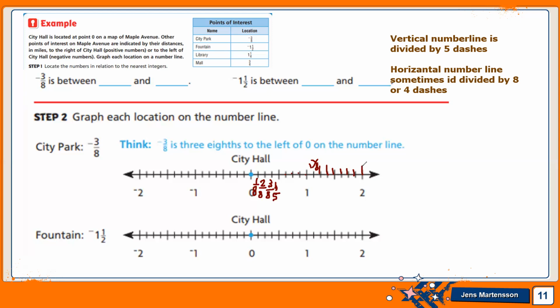This is for the horizontal number line. As you see here, it's divided by 8 dashes, so you will count by 1 over 8. Let's start now here. Here you have -3 over 8. Between which two integers?